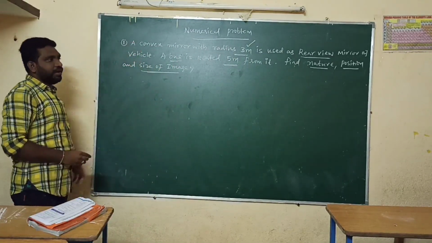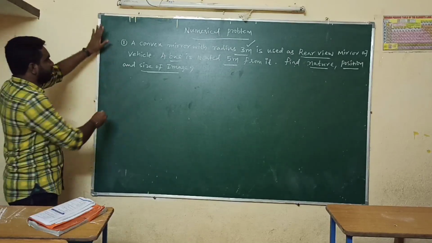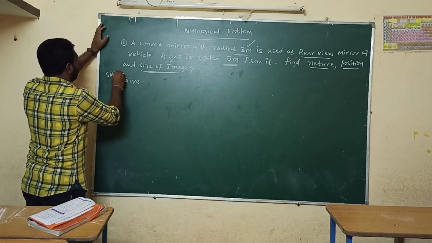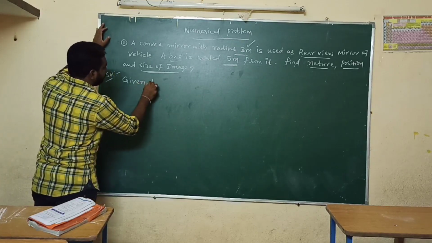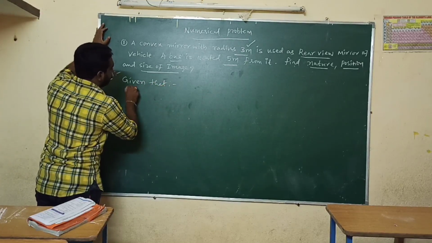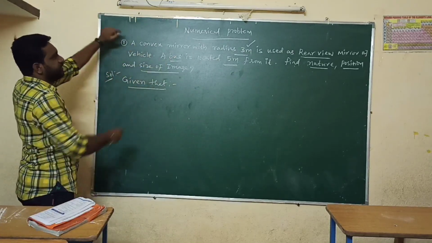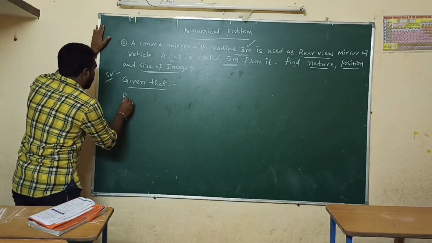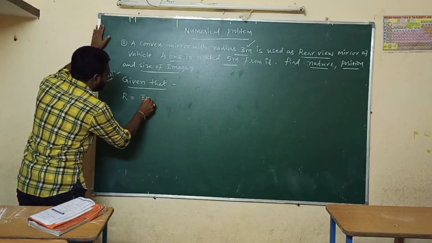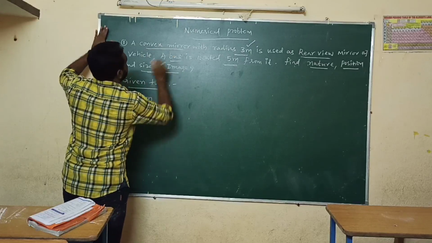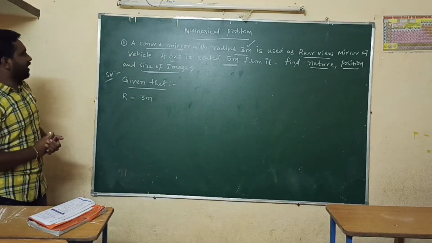Before solving any problem in physics, first of all we should write the given information. From the question it is clear that radius is 3 meters. What mirror are we using here? Convex mirror.